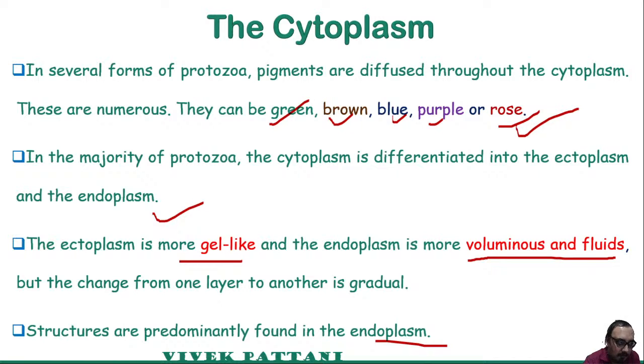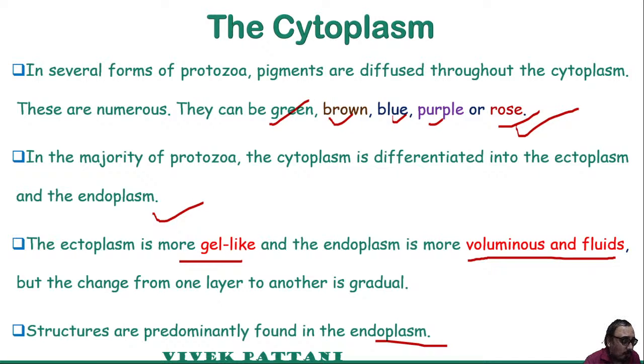I am repeating the definition again: ectoplasm may be defined as the part of the cytoplasm bounded externally by the plasma membrane and internally by the endoplasm, and is made up of hyaline and gelatinous, gel-like substances.